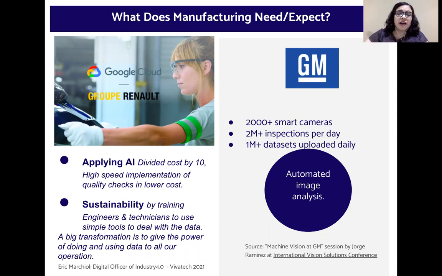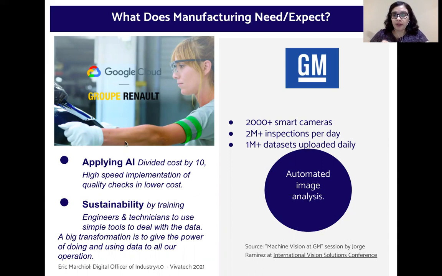Another case, for example, Google Cloud and Renault Group were making a partnership together. Renault wants to apply artificial intelligence in their operational and daily process, and they are also using Google Cloud to share their data with the other brands and so on.